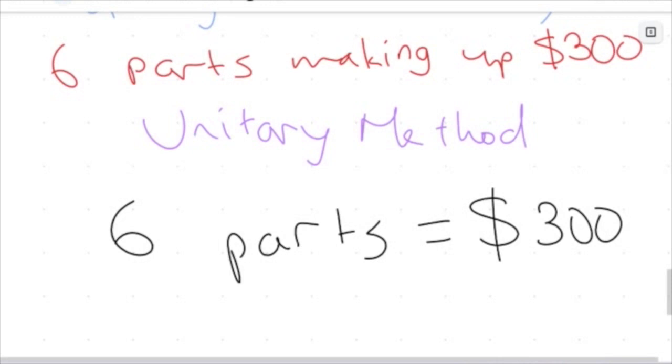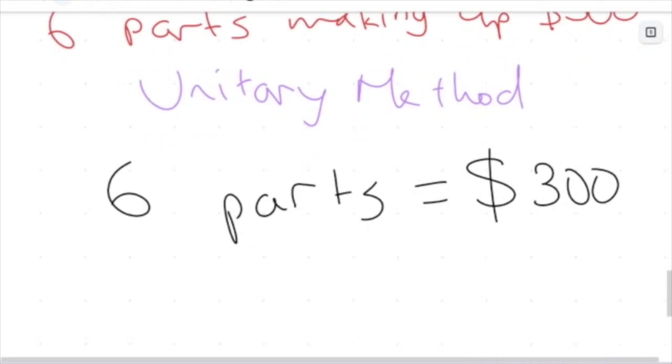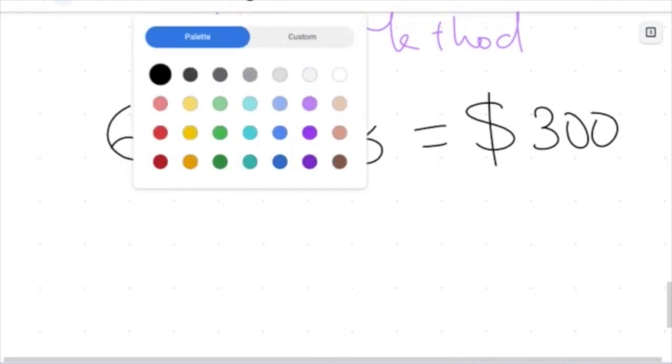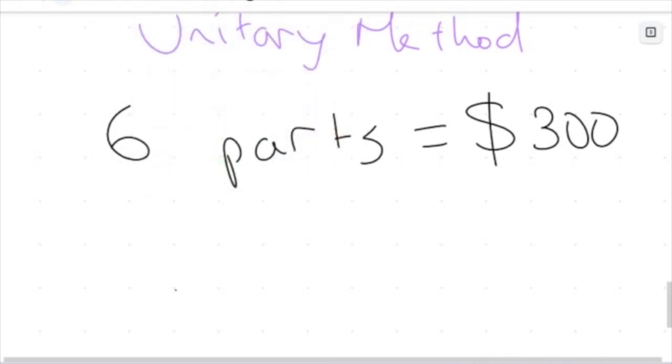So I can find how much each person is going to get. And I can do that by breaking this down into, if I know 6 parts make up 300, how much money makes up one part of my whole, one portion of money here?